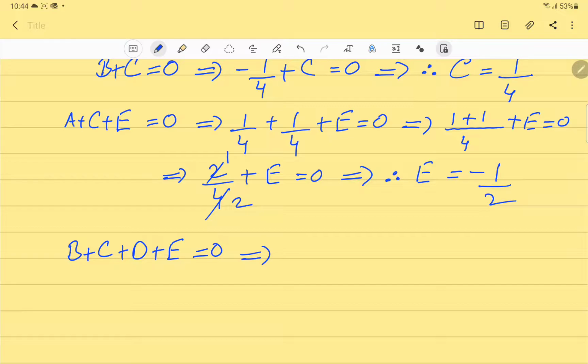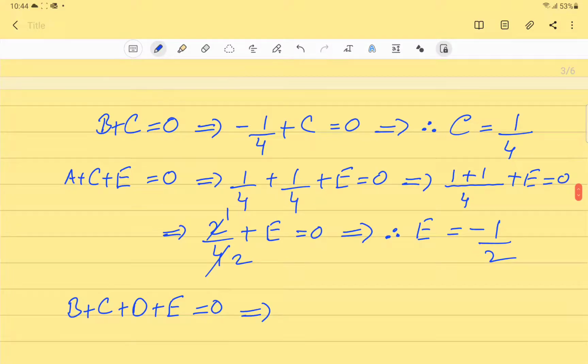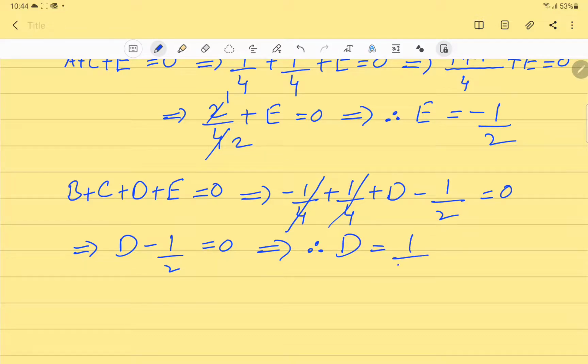The value of b is minus 1 over 4. c is 1 over 4. d minus 1 over 2 is equal to 0. This will cancel with this one. So d minus 1 over 2 is equal to 0, which means d is equal to 1 over 2.